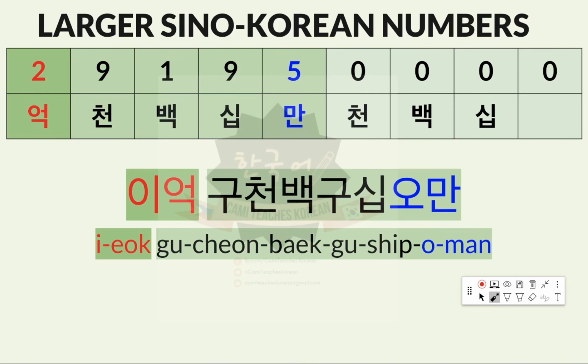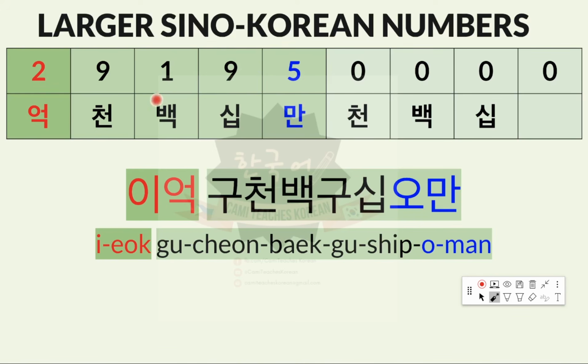So, we have one last example po for our ok example. So, 200 million po ito. So, yung ok natin, iok. So, iok, 200 million po siya agad. Then, 9,000. So, guchon, bek, ship, oman.